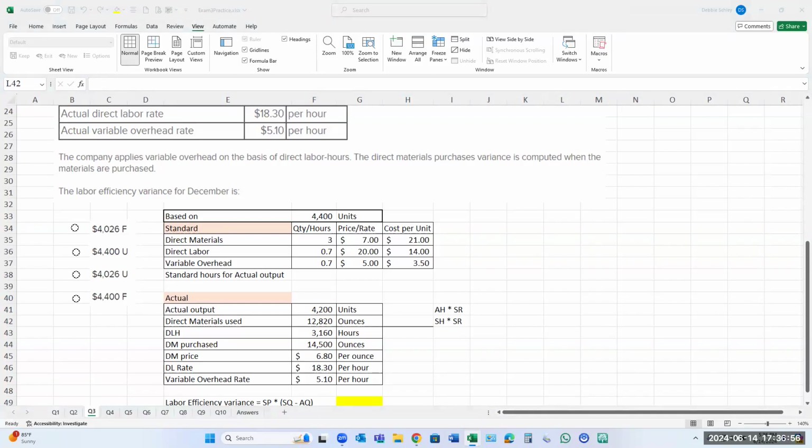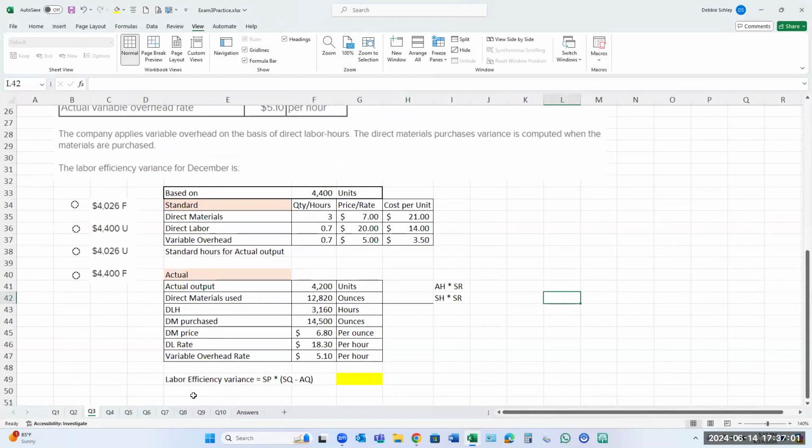Labor efficiency variance is figured out by taking actual hours times standard rate minus standard hours times standard rate. So actual hours right there times the standard rate per hour for labor. And then the standard hours, remember, is going to take an extra calculation.